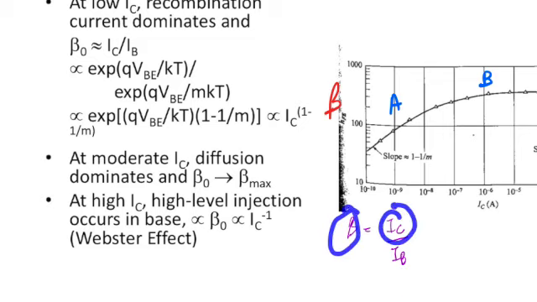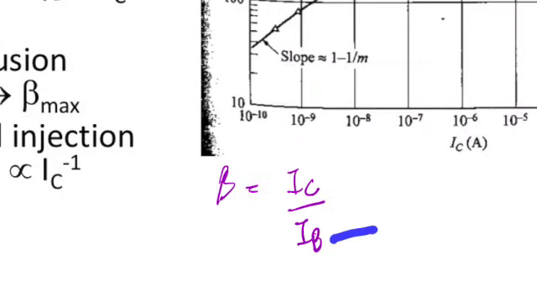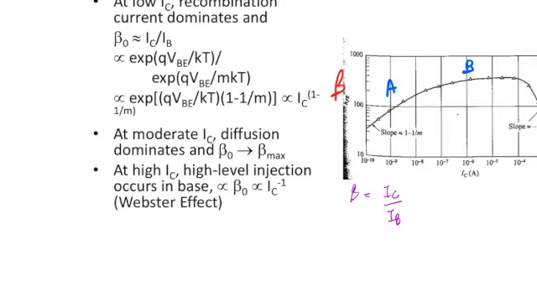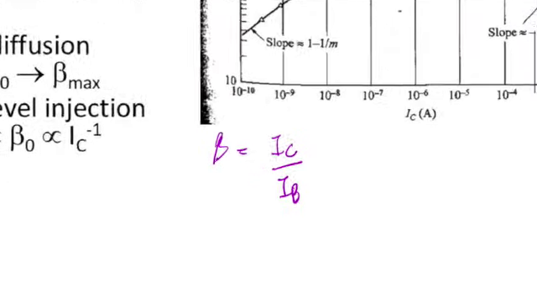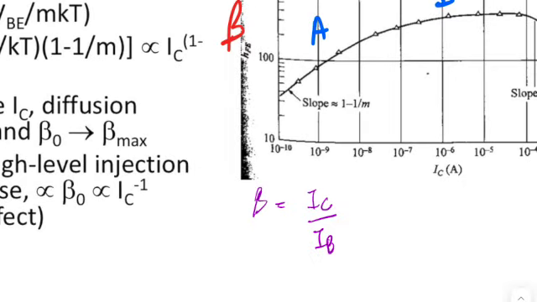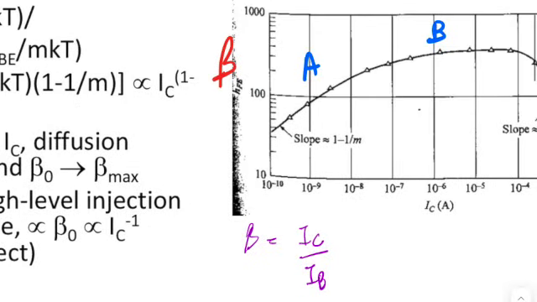If IC is significantly high, a small perturbation in IB will not affect much the beta. But if the collector current itself is low, any changes in the base current will affect the beta.